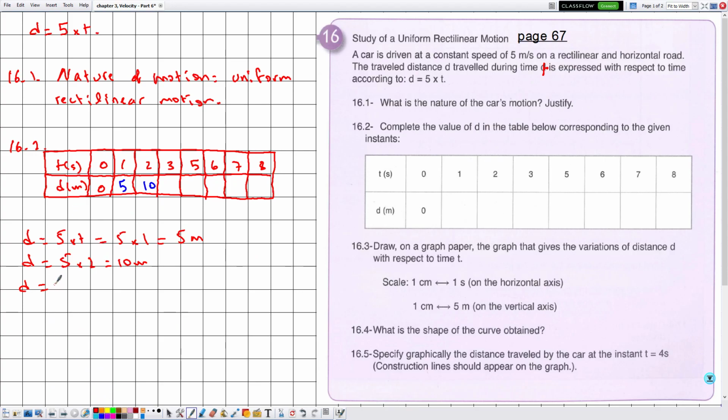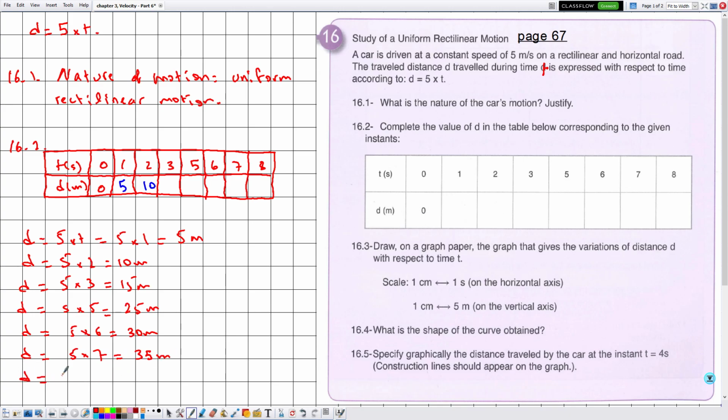Now 5 times 3 is equal to 15 meters, corresponding to t is equal to 3 seconds. Now d is equal to 5 multiplied by 5, which is equal to 25 meters. d is equal to 5 times 6, which is equal to 30 meters. And so on. 5 times 7 is equal to 35 meters.